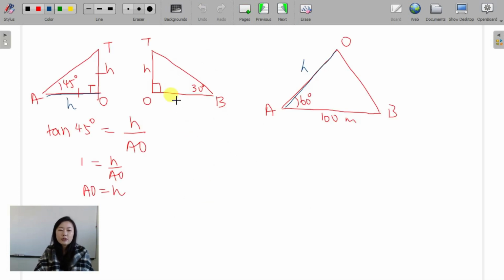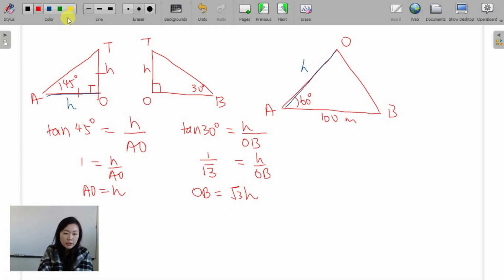All right, so we're going to do the same thing on the other one. Tan 30 is equal to H on OB. Tan 30 is 1 on root 3. Cross multiply. I'll use a different color.